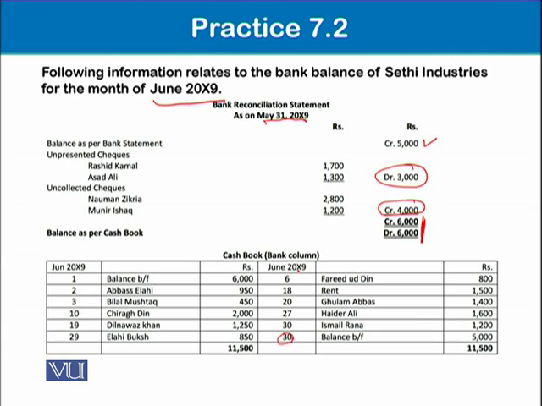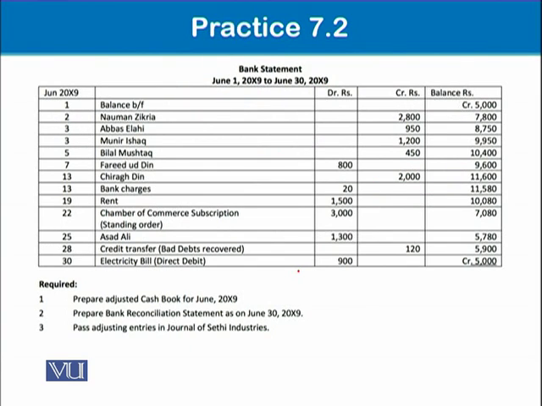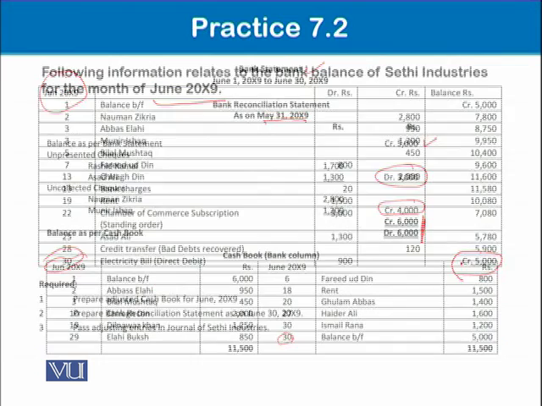At the same time, we have a bank statement given by our banker from 1st June to 30th June, in which we can see certain debits and credits, and the final balance with us is 5,000 as credit.